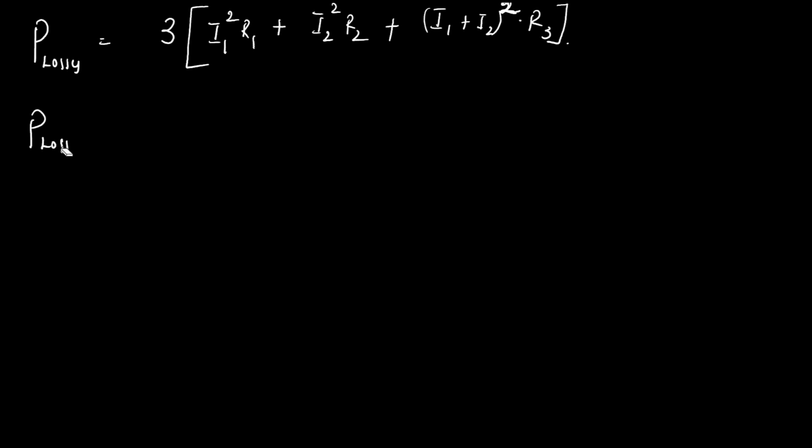Okay. So how can we write the total transmission losses? Every time, rather than writing P losses, we'll write PL. PL is equals to, if you substitute the values, 3 into R1 into, what is the formula for I1?